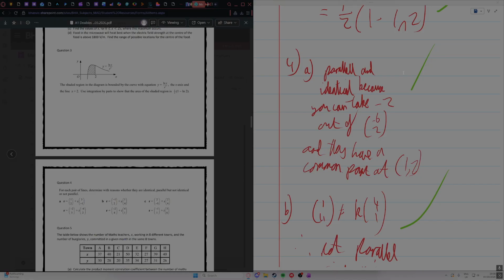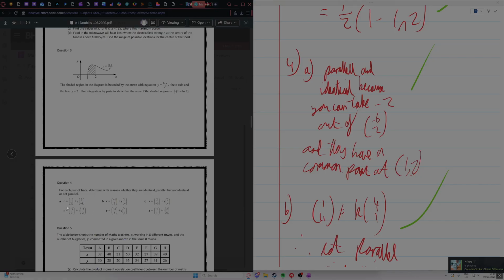So for part A, you say that you can take a factor out of this thing here, so that it will be parallel. And then they also have a common point, which you can just figure out with your value of t. The way you're supposed to find the common point is to set them equal to each other and find where they intersect.